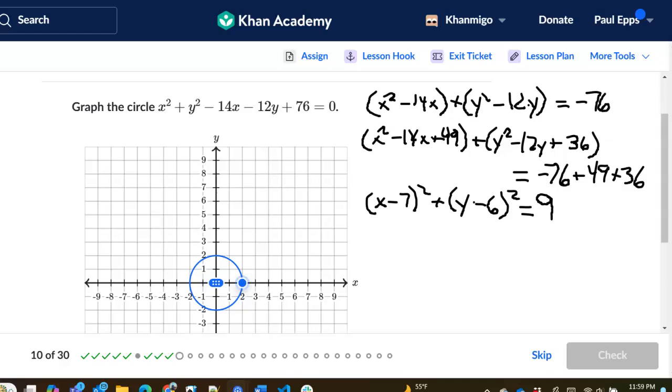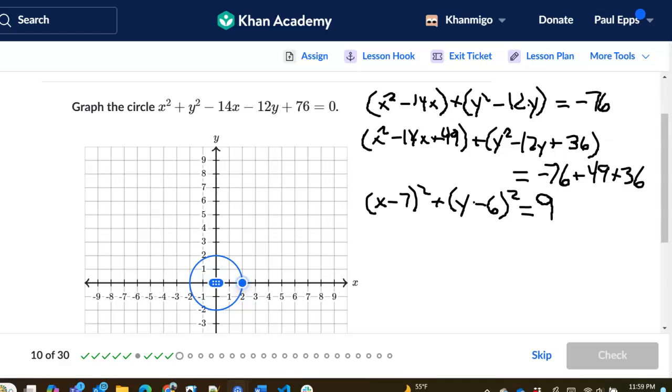All right, complete the square for x and y. Completing the square means we'll take half of the x coefficient, in this case it's negative 14, and half of it is negative 7, square it and add it, 49. Same thing with y. Half of negative 12 is negative 6, squared is 36, equals, and then we've got to add the 49 and the 36 to the other side as well.